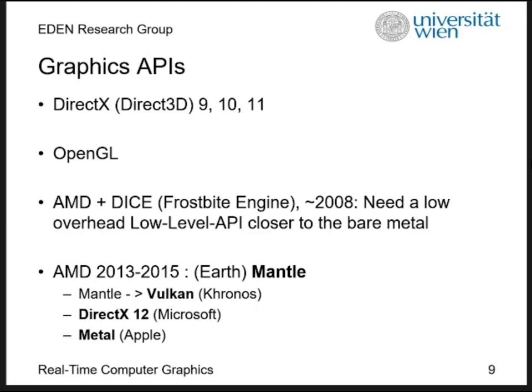So the Windows world would be the DirectX path. Starting with DirectX 9, it was the first way of having these general purpose shaders, then 10, then 11. And of course, in parallel, we would have OpenGL for many, many decades now. And we will come to the shortcomings of this in a moment.